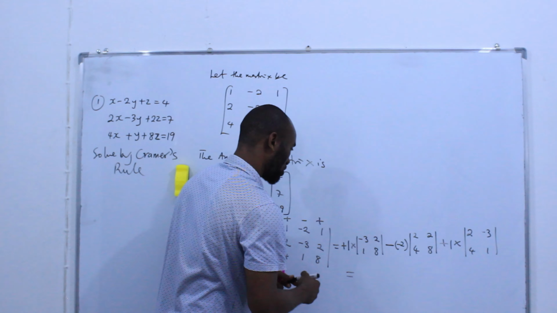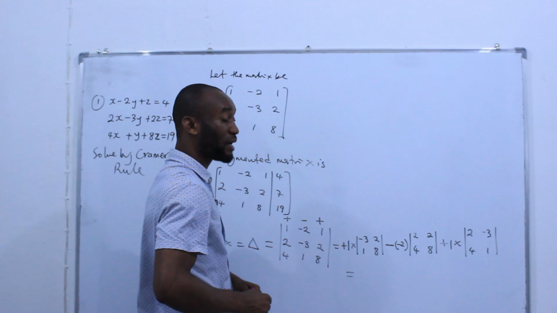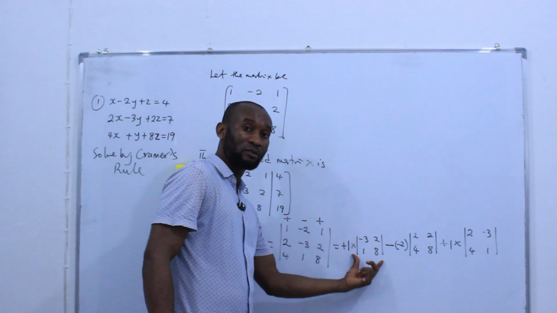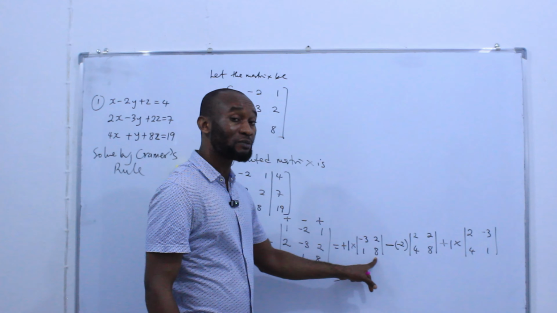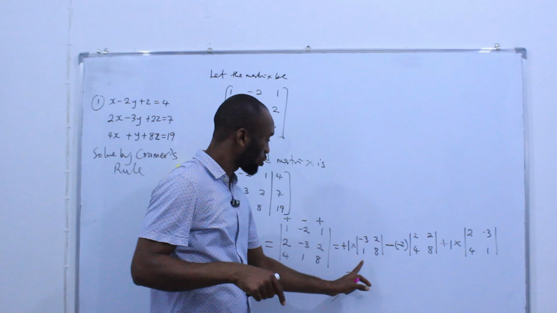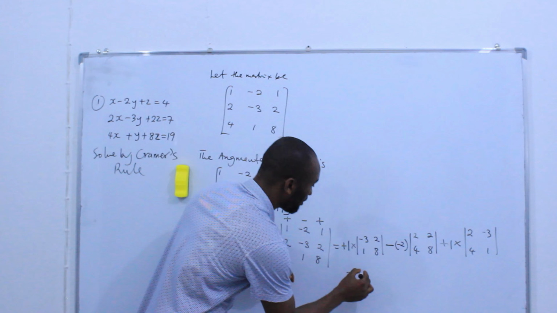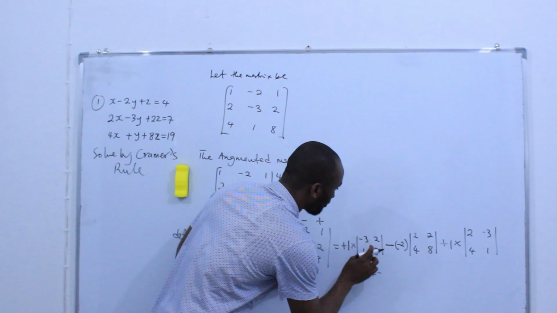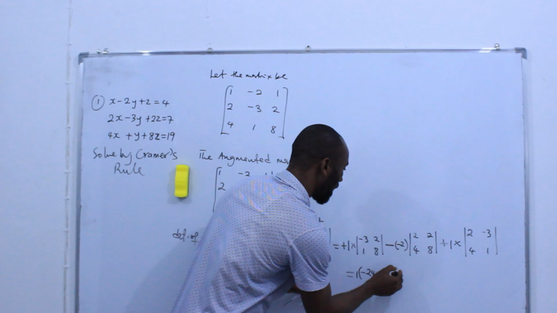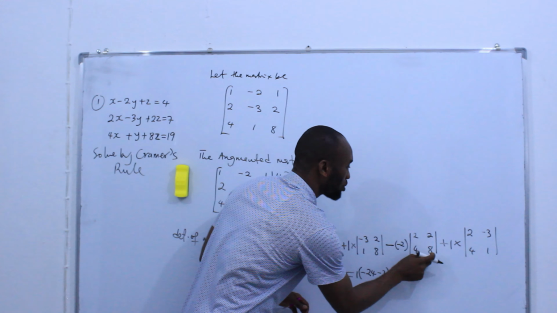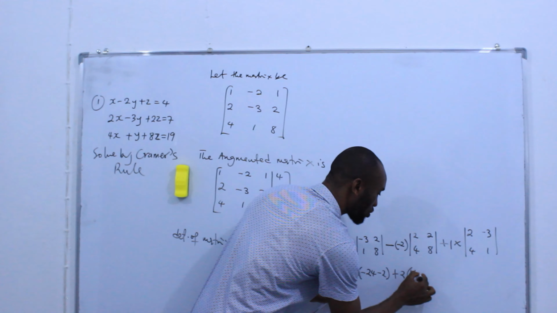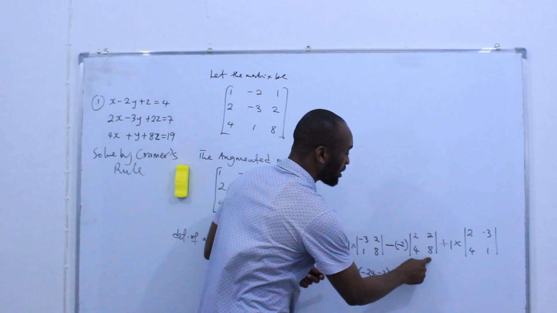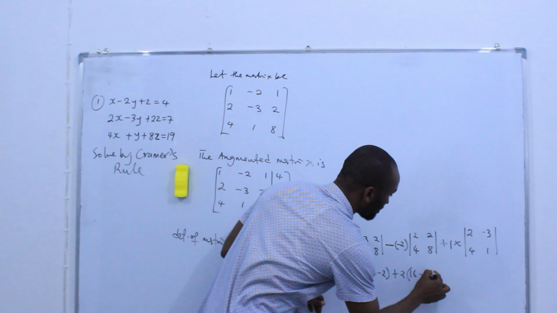So this should give us minus 3 times 8. Determinant of a 2 by 2 matrix is what we are doing right now in this little square bracket. Minus 3 times 8 is minus 24, then minus 1 times 2. So we're having minus 24 minus 2, remembering that 1 is outside. You have plus 2 here: 2 times 8 is 16, minus 2 times 4, which is 8.